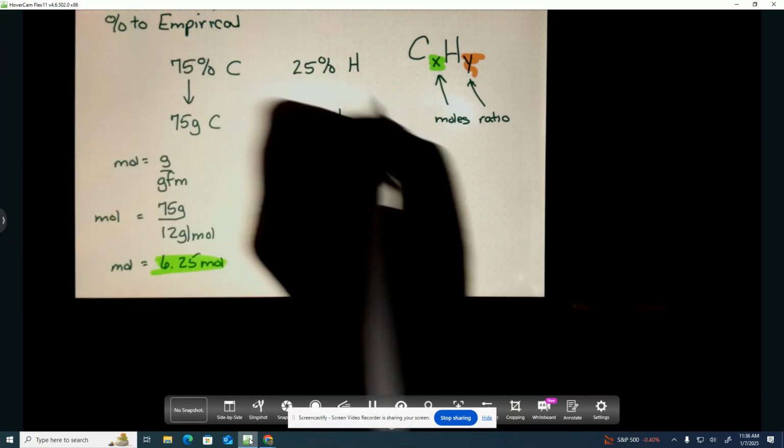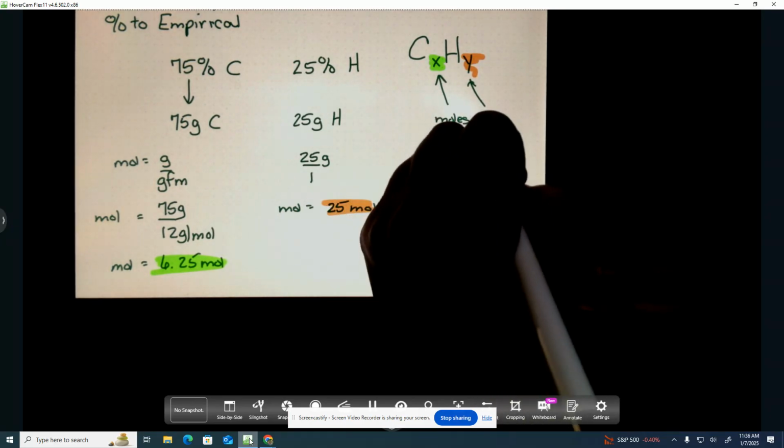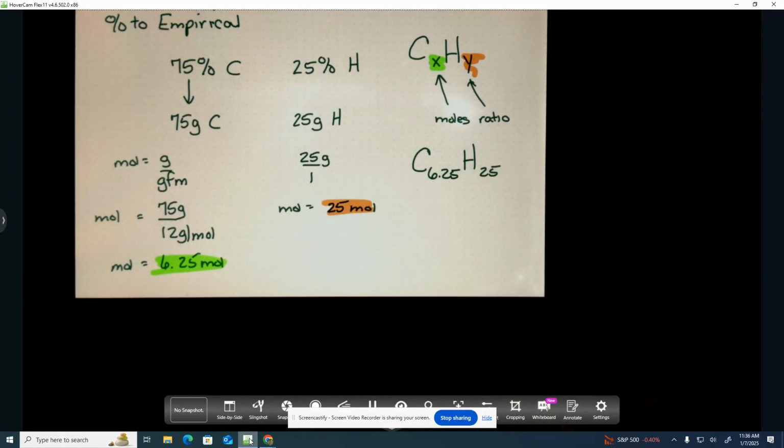So if I take C and put 6.25 and take H and put 25, is that my empirical formula? No, because my empirical formula is the lowest whole number ratio. These are not whole number ratios.